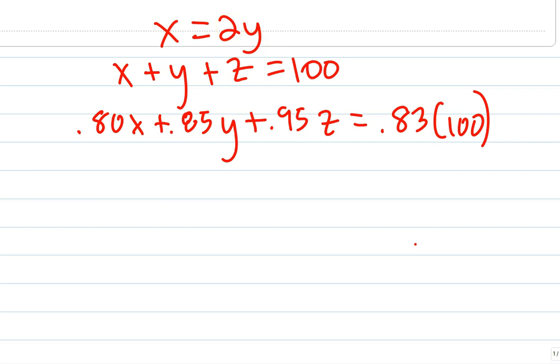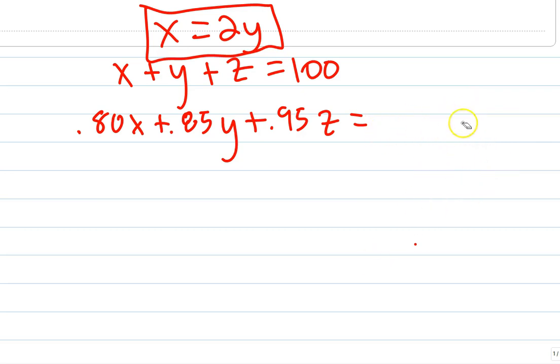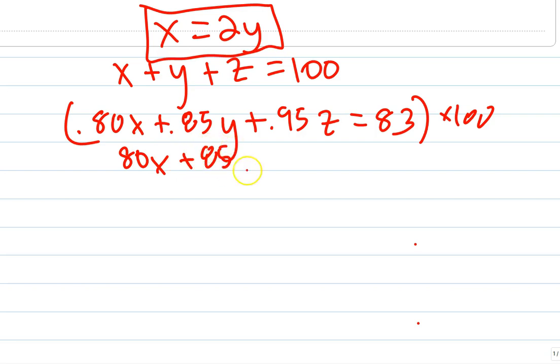Okay, so like I was saying, I'm going to like this just the way it is, without a Z. I'm going to take these 2 and try to get rid of the Z. This right here is just 83 times 100. I'm going to just rewrite that as 83. And if you don't like the decimals, then I'm going to take this whole equation, multiply it times 100, so that we get 80x, 85y, 95z, and 8300.